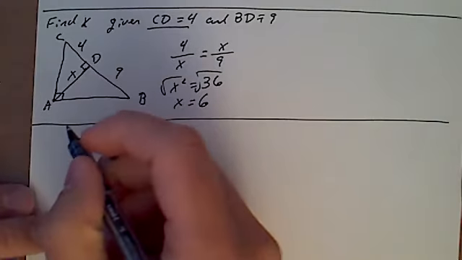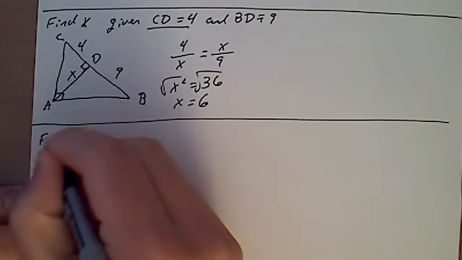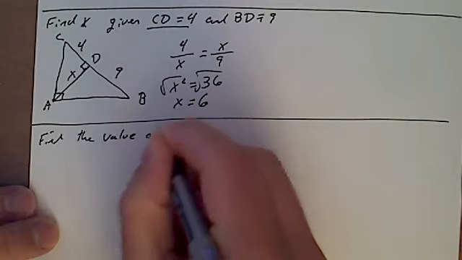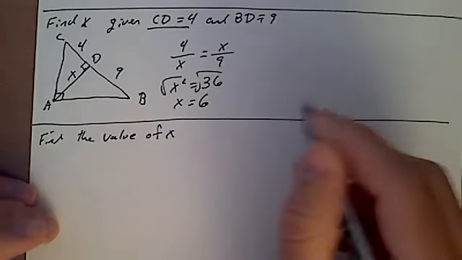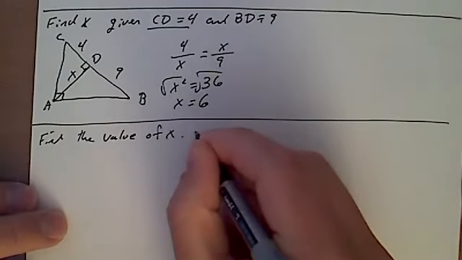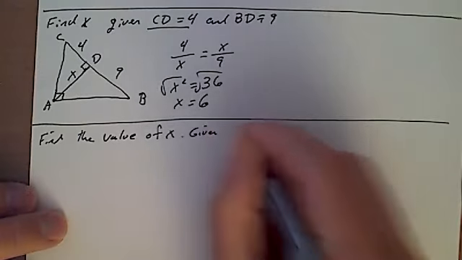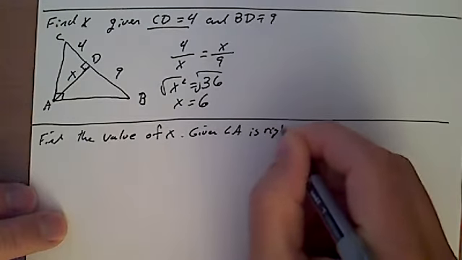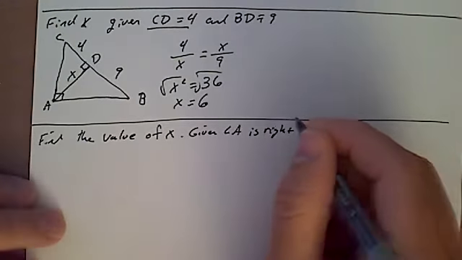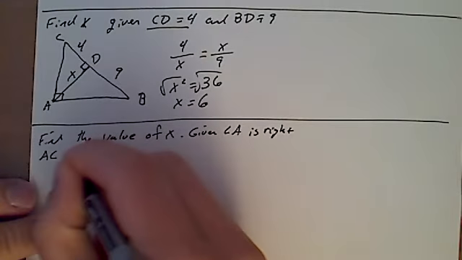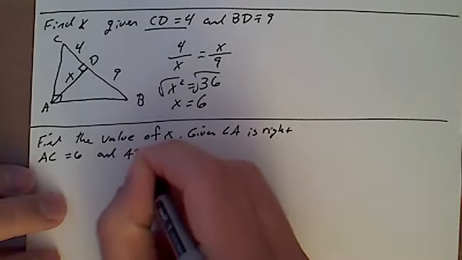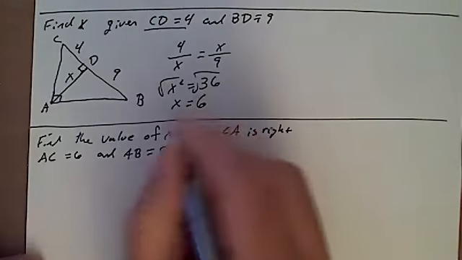Next, we'll have some find the value of x given angle A is right, something like AC is 6 and AB is 8.